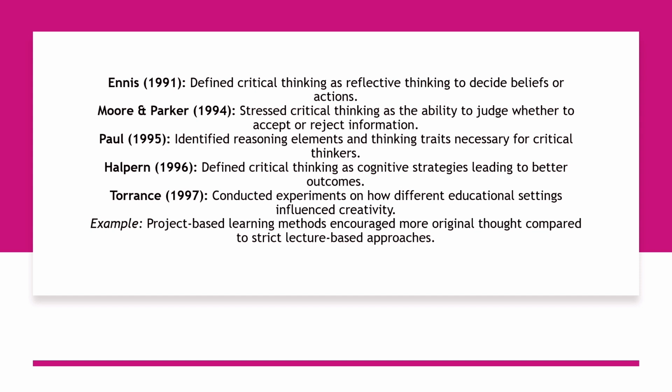Harpen in 1996 defined critical thinking as cognitive strategies leading to better outcomes. Torrance in 1997 once again conducted experiments on how different educational settings influence creativity. For example, project-based learning methods encouraged more original thoughts compared to strict lecture-based approaches.